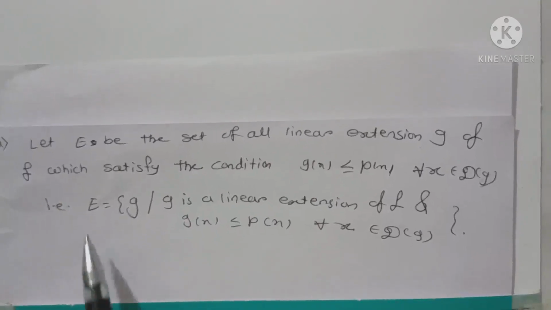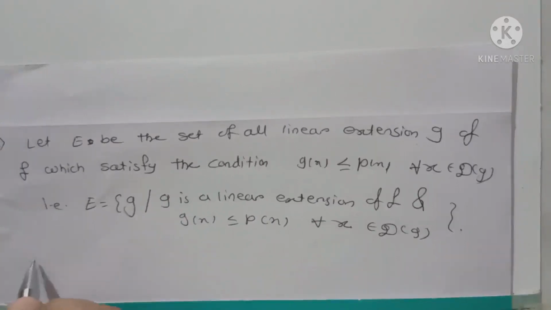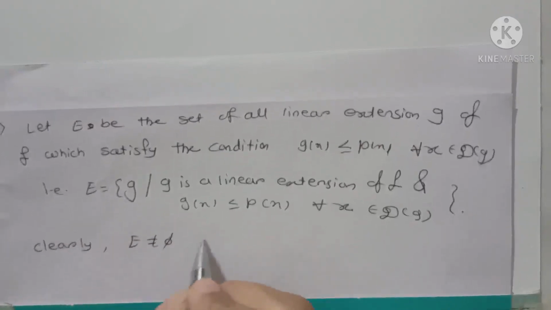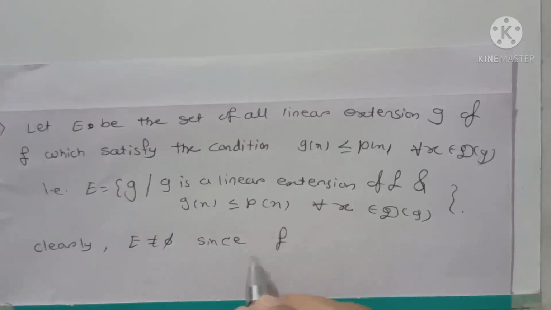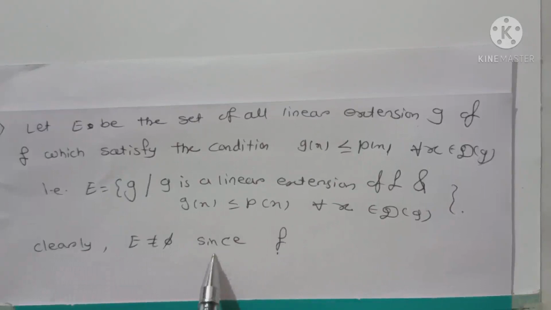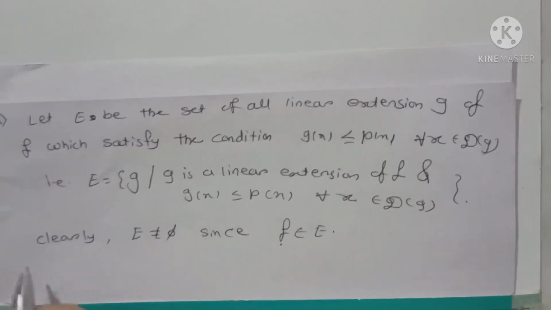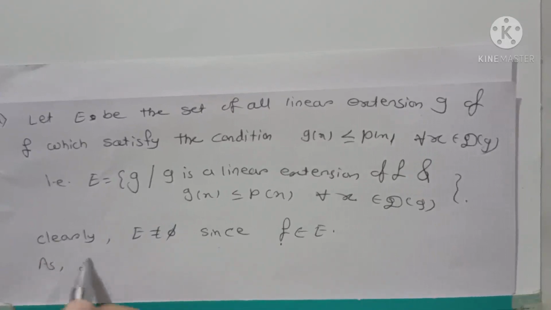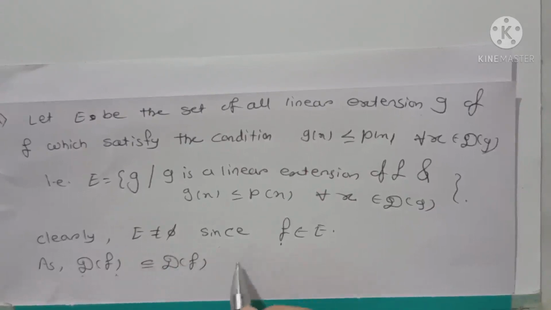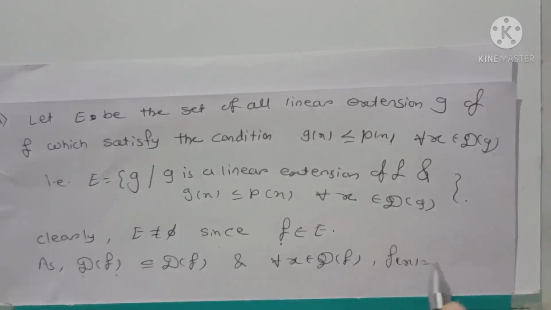So first of all, as we define E like this, clearly capital E is not equal to phi, since here we are given f as a linear functional satisfying the condition that f of x is less than or equal to p of x, and therefore E is not empty since f belongs to E, because f is a linear extension of itself, as the domain of f is contained in the domain of f, and for all x belonging to the domain of f, we know that f of x is always equal to f of x.